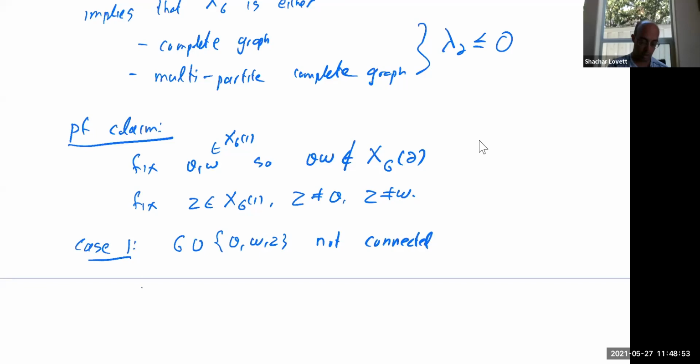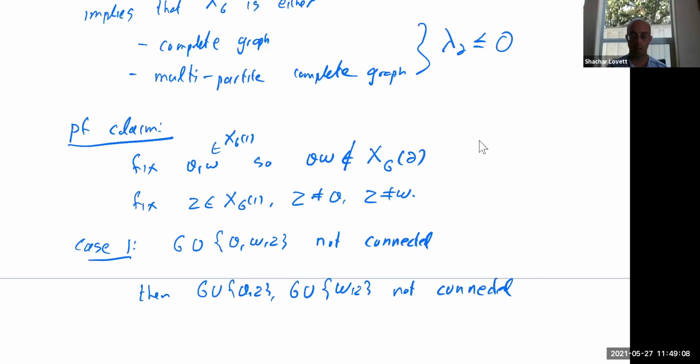But in this case, also sigma union VZ and sigma union WZ are not connected, right? Because removing edges cannot make a graph connected. So this implies that in this case VZ and also WZ are not in X sigma 2. If I add VZ, I don't get a spanning tree because it's not connected. And similarly for WZ. So this was case 1.